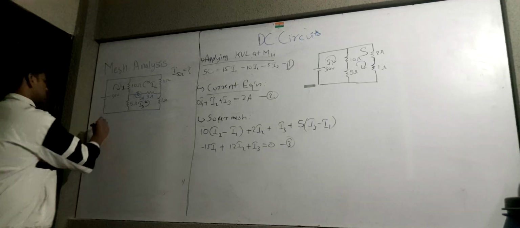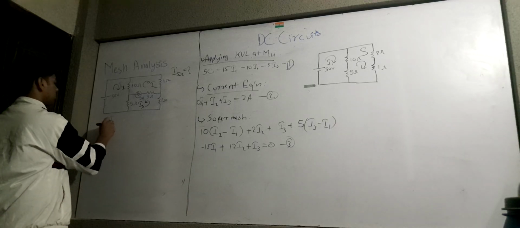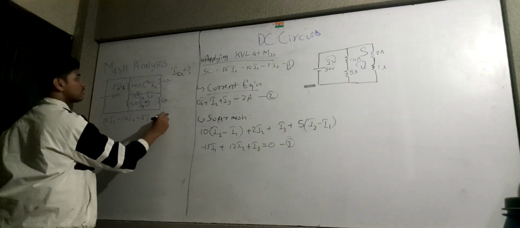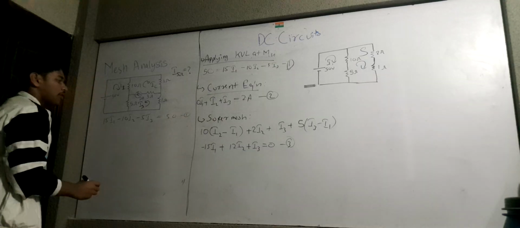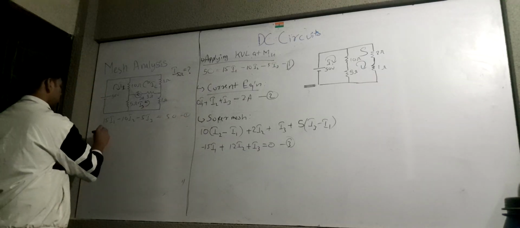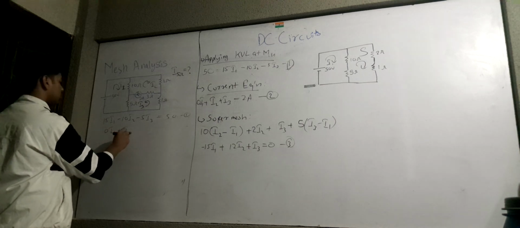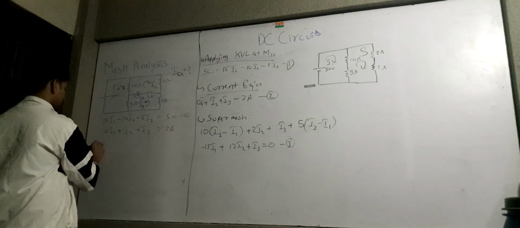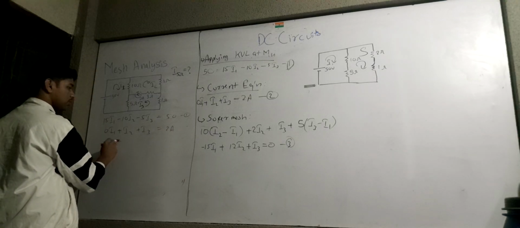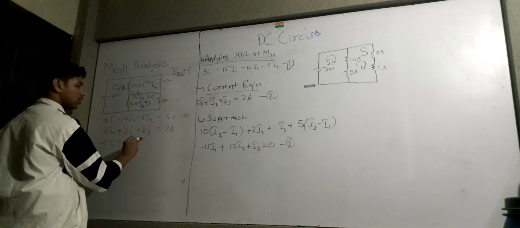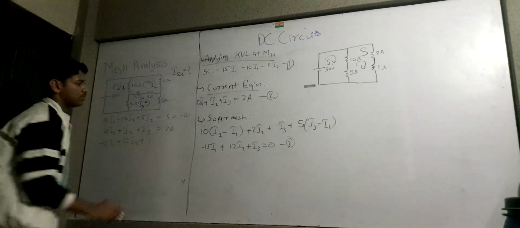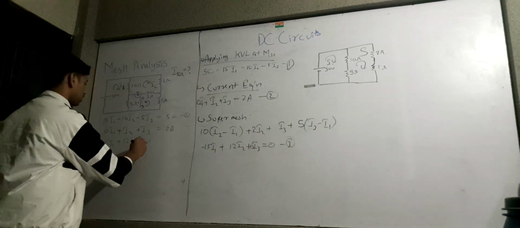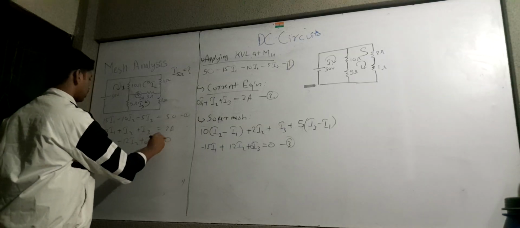Let's write down the equations here. 15 I1 minus 10 I2 minus 5 I3 gives us 50. 0 I1 plus I2 plus I3 gives us 2 ampere, minus 15 I1 plus 12 I2 plus 6 I3 equals 0.